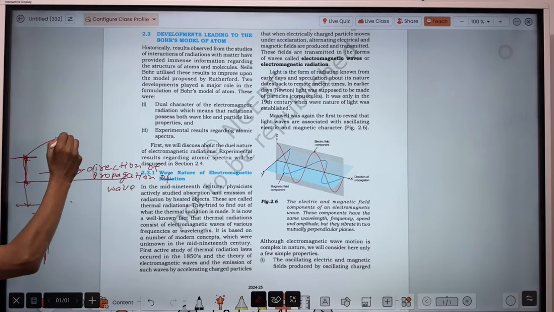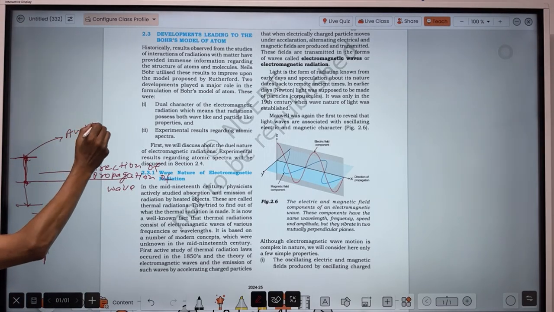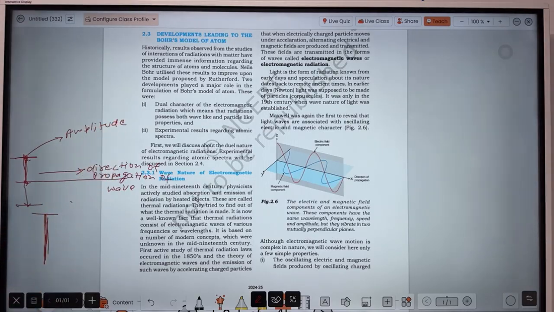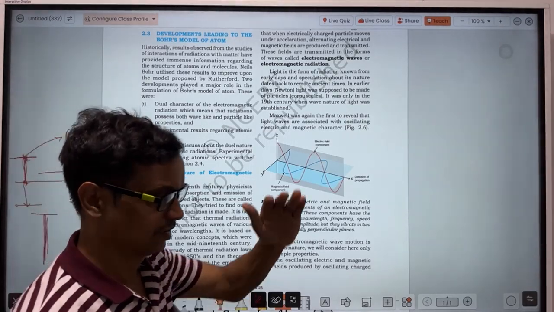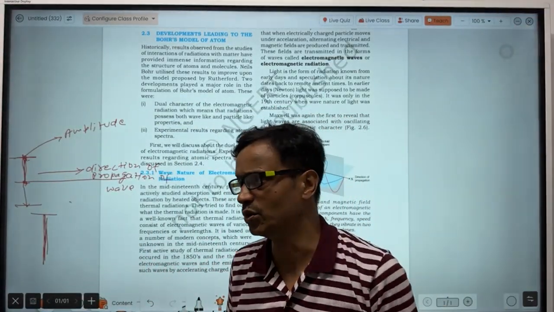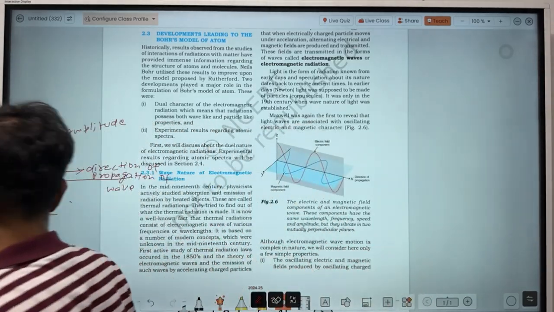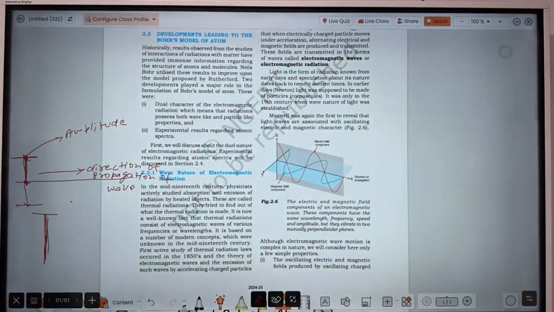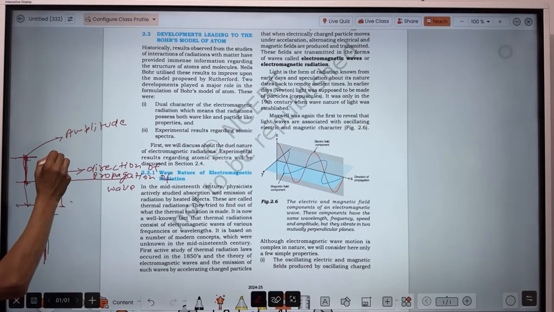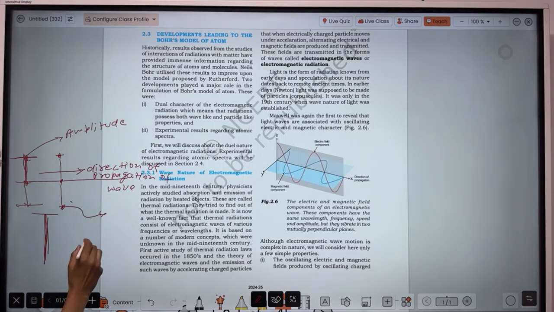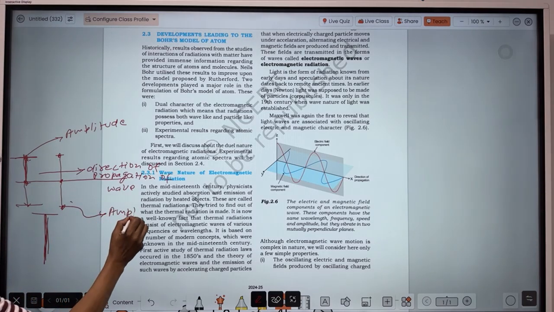This point will be called amplitude, the maximum point to which the waves can go. In the same way, this particle can go to that point and to this point. So this is also amplitude, and this is also amplitude.